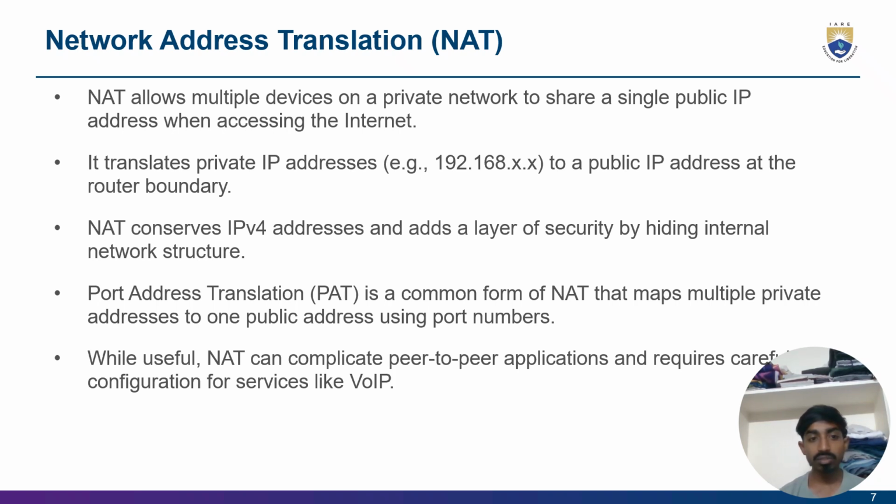NAT conserves IPv4 addresses and adds a layer of security by hiding the internal network structure. Port address translation is a common form of NAT that maps multiple private addresses to one public address using port numbers. While useful, NAT can complicate peer-to-peer applications and require careful configuration for services like VoIP.